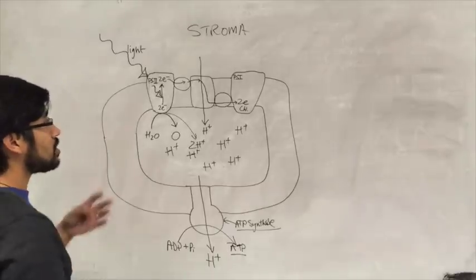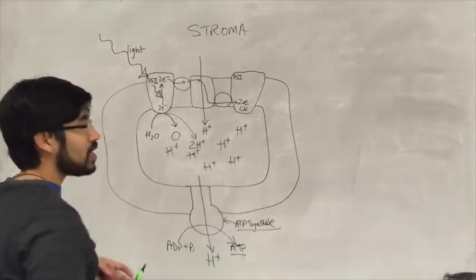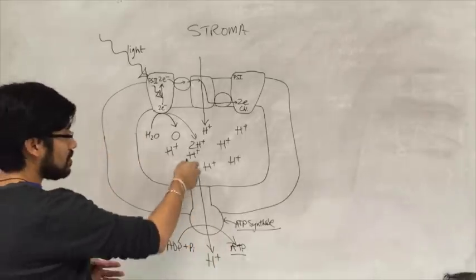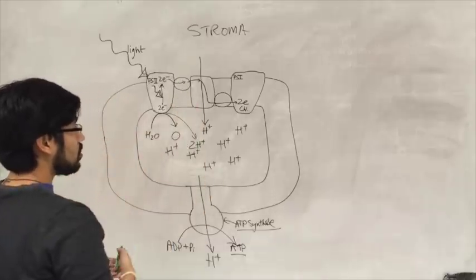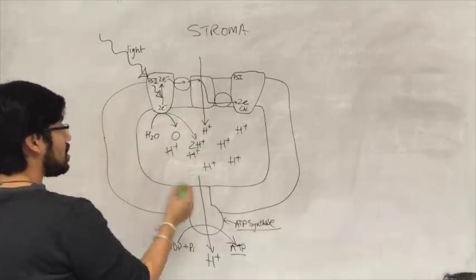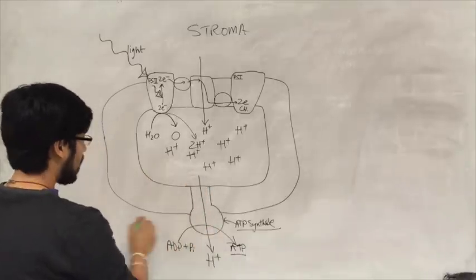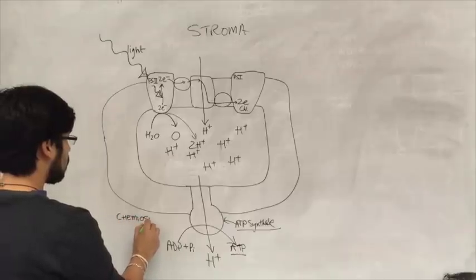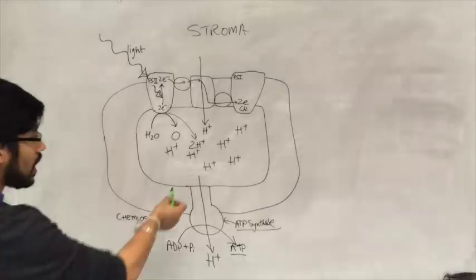So you might see in your textbook somewhere that, by moving a proton in, we're going to use that to synthesize ATP. Well, the way that happens is, once we generate that proton gradient, as these protons move out, that process is called chemiosmosis.